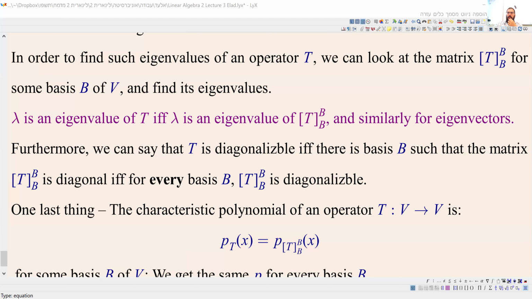Any other questions? So we're almost out of time. I don't think we need to write down another thing, so we can finish here. Next week, we'll continue. As I mentioned, we need to discuss, on one hand, the power of the lambda minus eigenvalue in the characteristic polynomial when an eigenvalue appears more than one time.